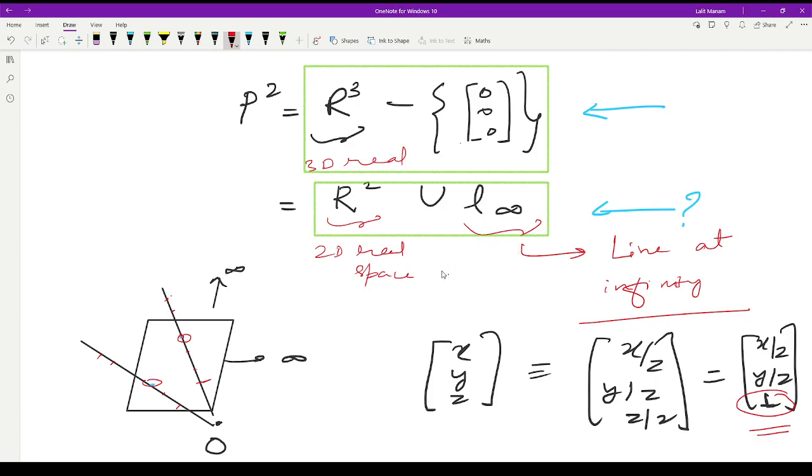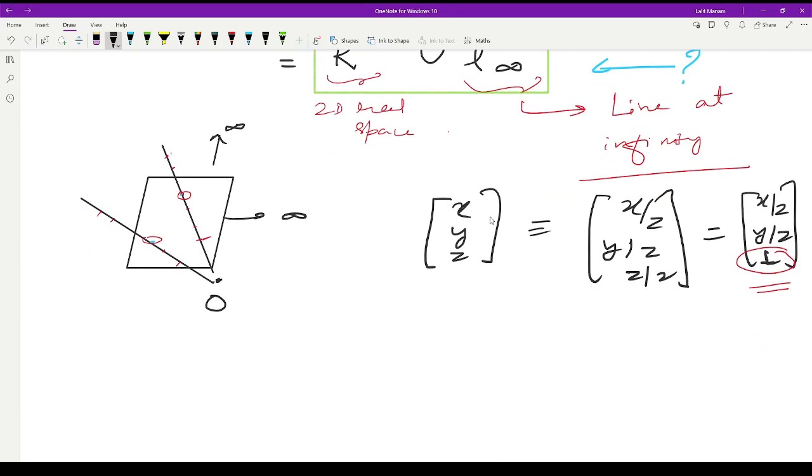So what does the line at infinity contain? Does it contain the origin also? Line at infinity contains origin? No. Okay. Ideal point. Okay. What is an ideal point? Someone said that.